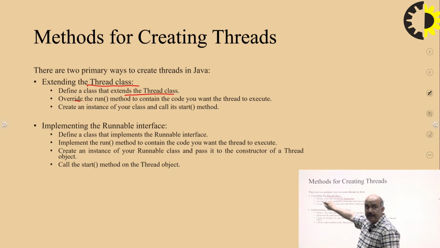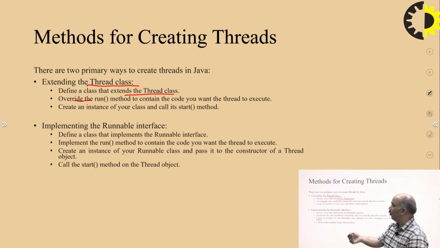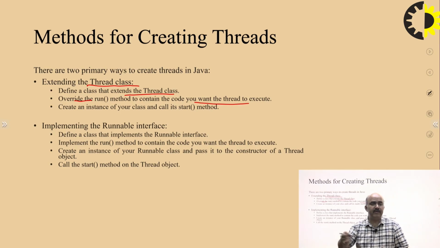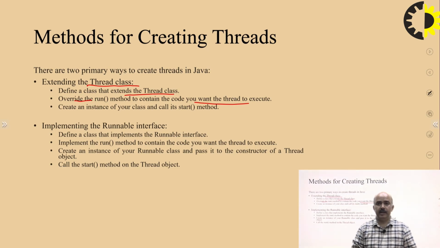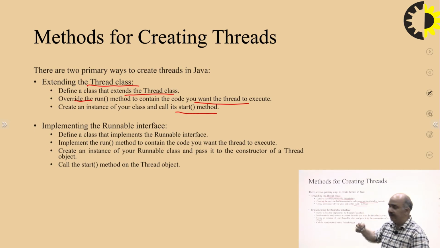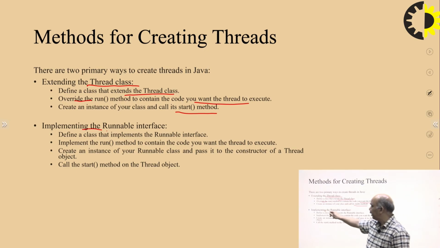It can override the run method, which contains the code that you want the thread to execute. Whatever code is to be used in the thread, you can put into your class and override it. You can create an instance of the class and call the start method. If you are using an interface, then you implement the Runnable interface.